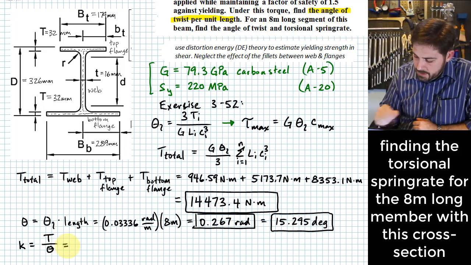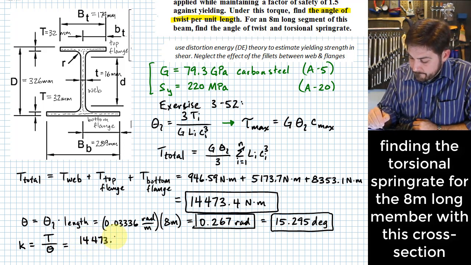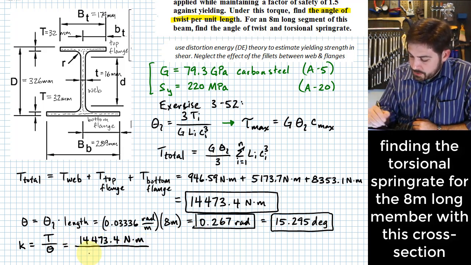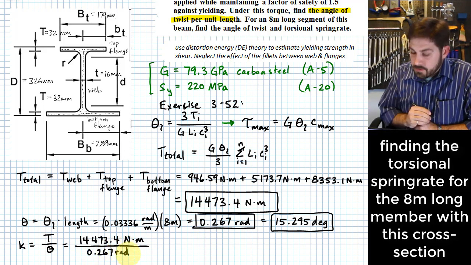So for us, we look at the amount of torque that we apply, which is 14,473.4 Newton meters, and we divide by 0.267 radians.